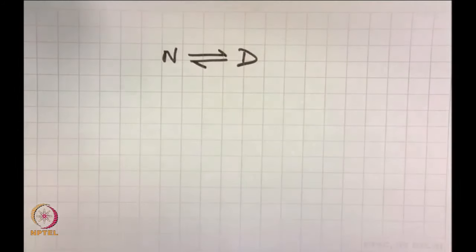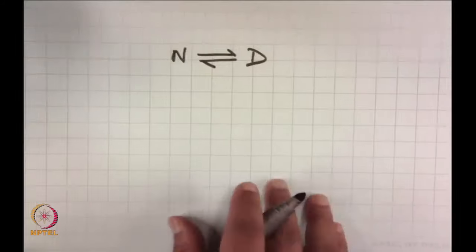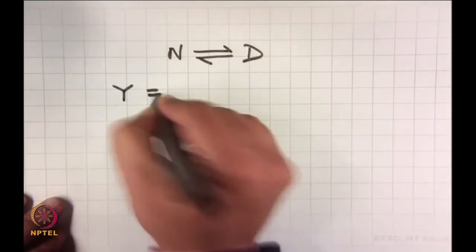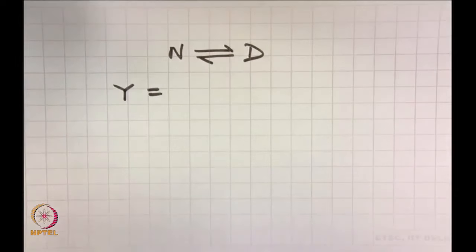Now, my observed signal y, this is my observed signal at any given temperature. See, y is a function of T, because it changes as a function of temperature. At any given temperature, it should have contributions from how many species? You can have a contribution from the native state, and from the denatured state.